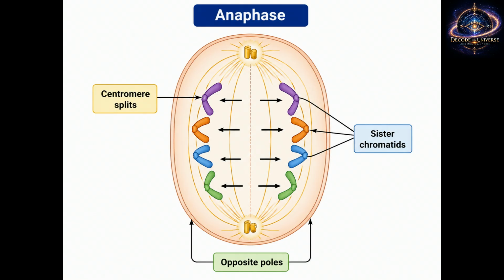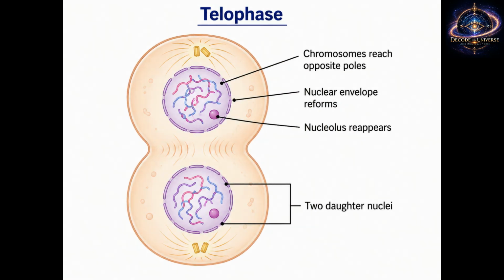Easy memory: anaphase equals apart phase. Chromatids move apart. 4. Telophase. Chromosomes reach opposite poles and decondense. Nuclear envelope, nucleolus, and Golgi reform. Easy memory: telophase equals 2 nuclei phase.